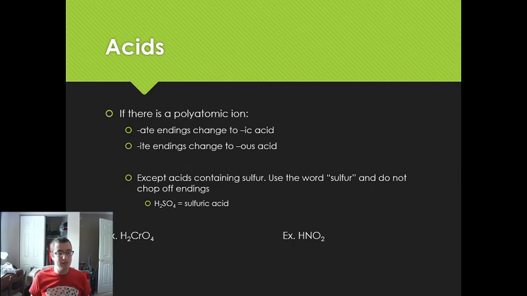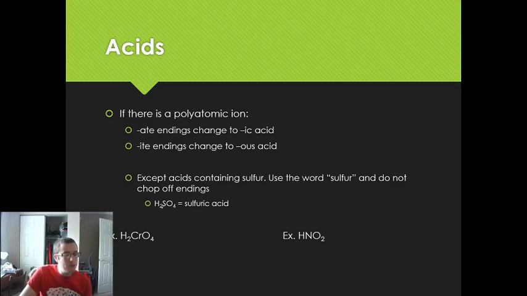If the acid contains sulfur, instead of sticking with the name of the polyatomic ion and chopping that off, all we're going to do is simply use the word sulfur, and then we're not chopping off any of the ending, we're just adding whatever ending was on there.